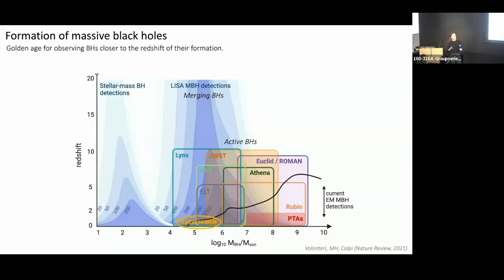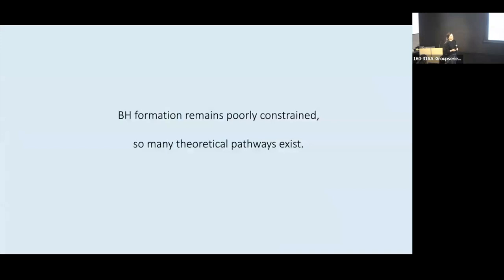So the field is progressing, and we need to improve our subgrid physics for massive black hole formation. Of course, at the moment, the constraints are still poor. So there are many mechanisms that can theoretically explain the formation of those massive black holes. I'm going to go through some of the mechanisms without explaining them too much, because it would take too long.